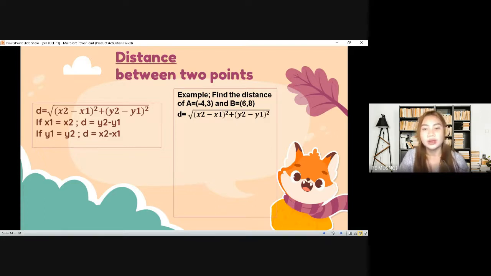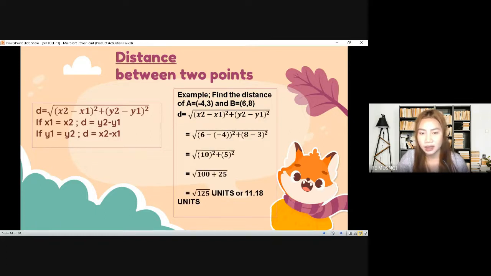So, with the given example, find the distance of A is equal to negative 4 and 3, and B is equal to 6 and 8. So with the given formula, D is equal to the square root of x sub 2 minus x sub 1 squared plus y sub 2 minus y sub 1 squared. So substitute natin sila. Magiging D is equal to the square root of 6 minus negative 4 squared plus 8 minus 3 squared.